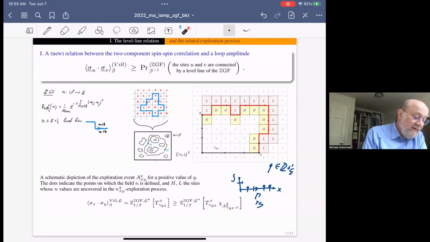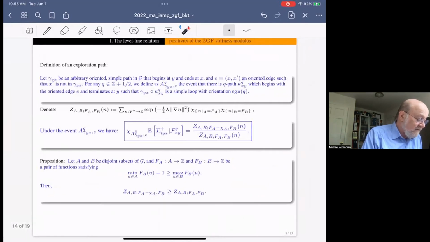Intuitively, if you have an elastic surface which you stressed in this manner, there is no penalty for actually encouraging the random height function to have a step along this line. To the contrary, the expectation of this is greater than 1. So time is running up. I will just state the basic, we refer to this as the positivity of the stiffness modulus.